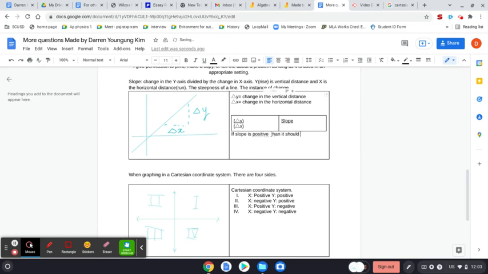Then the line should be going up. Yeah. The up.